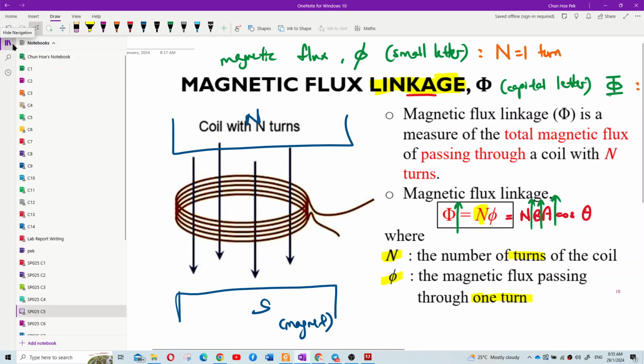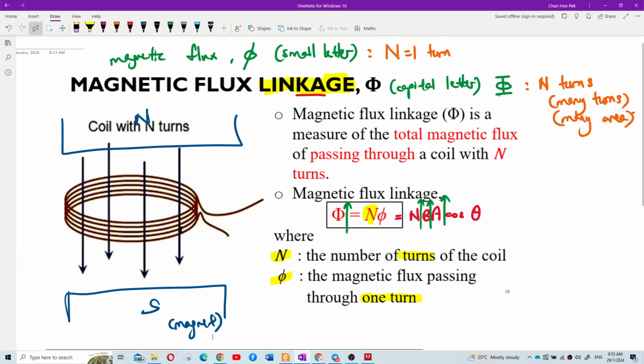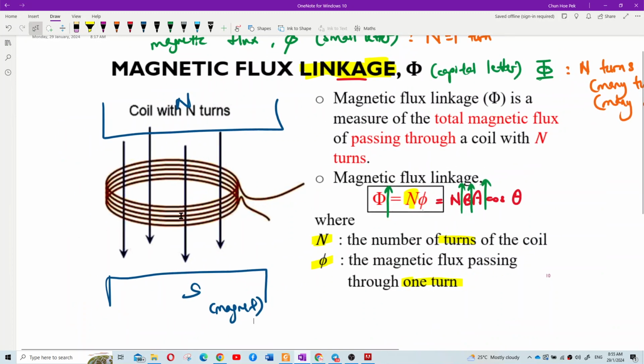Just now we learned about magnetic flux linkage. This magnetic field is not from the coil. This magnetic field is an external magnetic field.